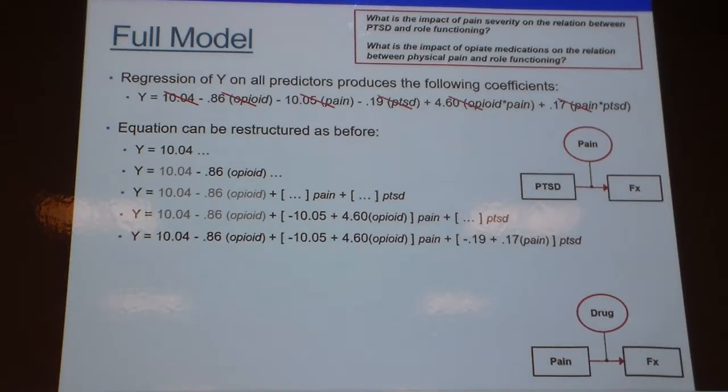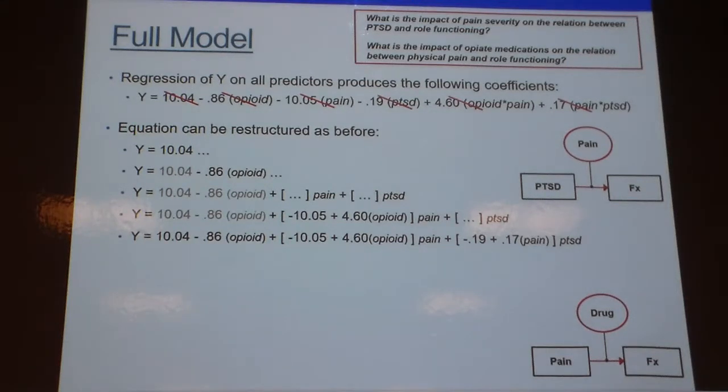Same thing with PTSD. PTSD is my conditional relation here, right? Depending on what value of pain, this is going to change the coefficient, or the slope, of PTSD on functioning, so that as pain increases or decreases, it's going to change what this value is here, right?